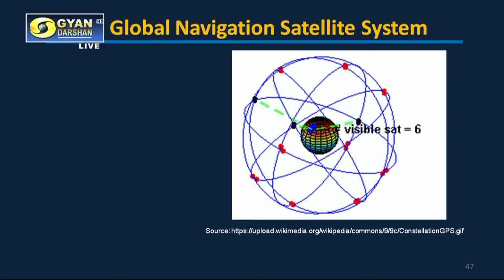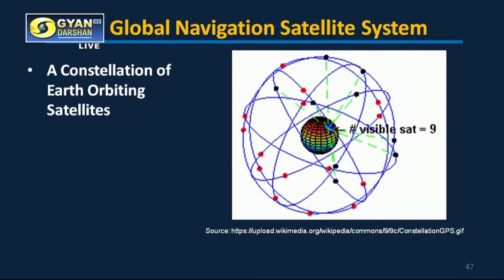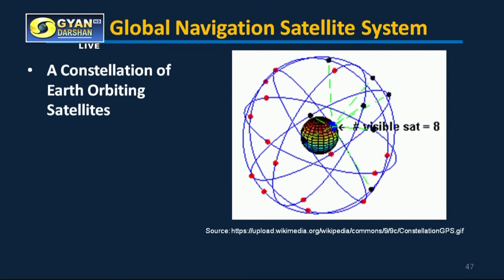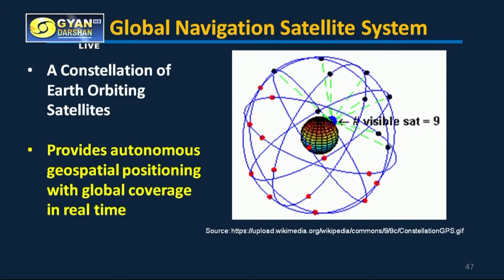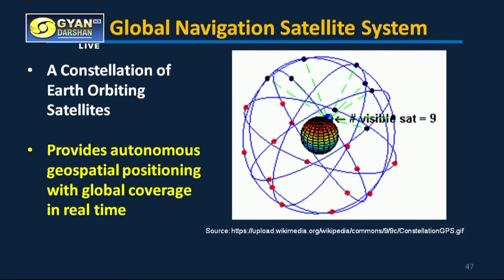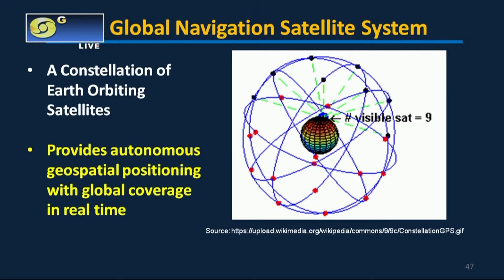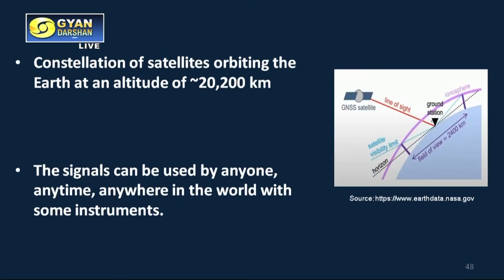And now here you see the satellites that are moving on in their orbits. So GNSS is a constellation of Earth orbiting satellites, and it provides autonomous geospatial positioning with global coverage in real time.